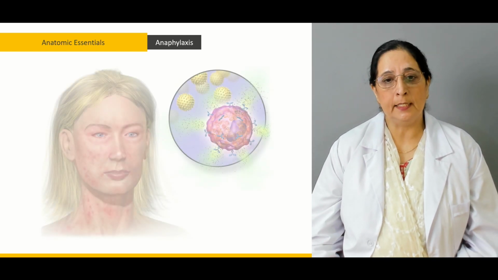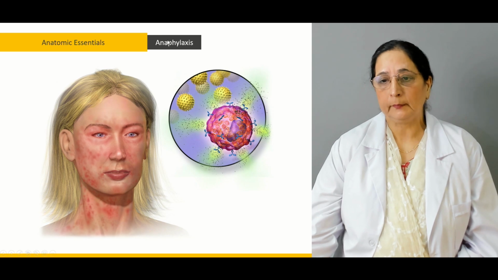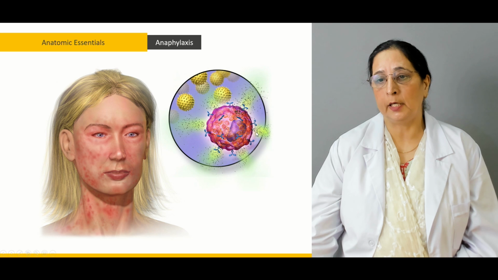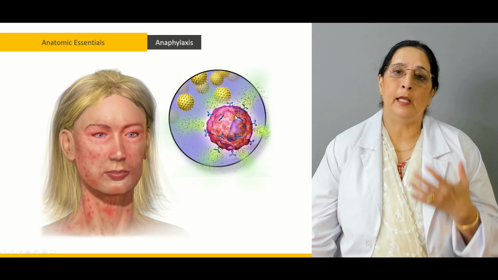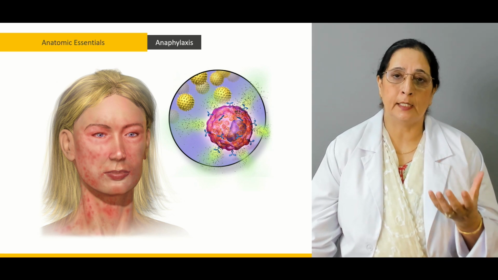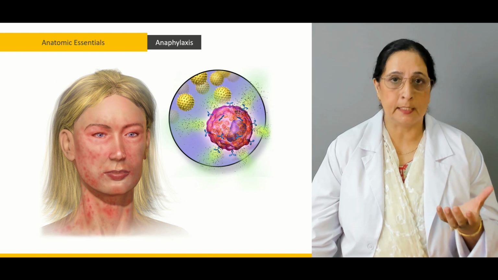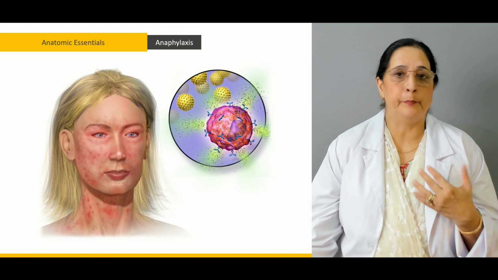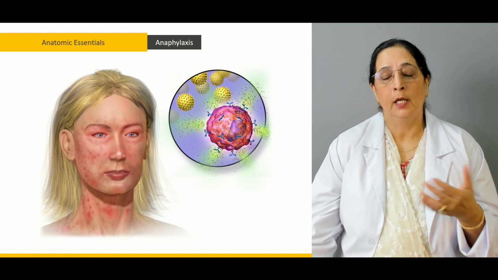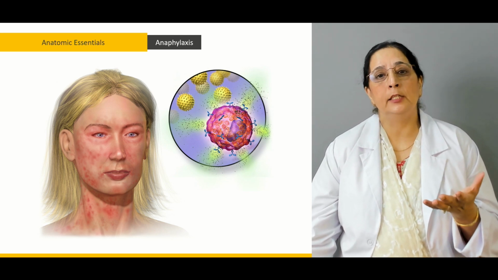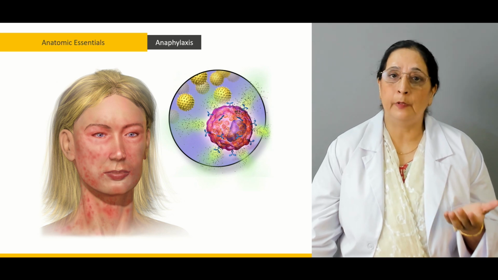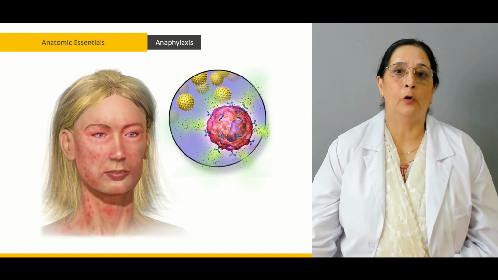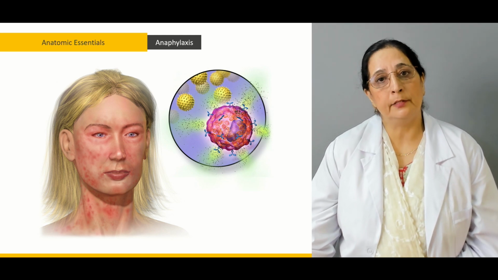Here, in this diagram, this is the entrance of antigen in the body. Different people are allergic to different substances. Sometimes they are allergic to drugs like penicillin, Septron, and then we have allergies to different foods. Some people are allergic to peanuts. Fish allergy is very common.